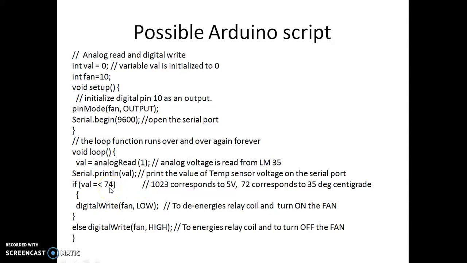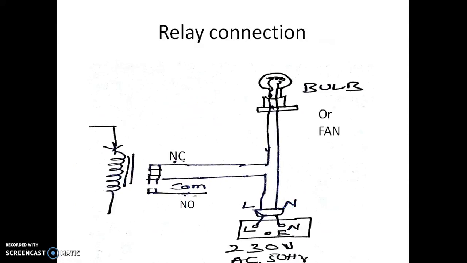Whenever this condition is true, when the temperature is less than 35 degrees, you are putting a low on the coil. When the coil is low, we know it will not be energized, and the fan will keep running. As you saw in the previous case, when there is no current flowing through this, it is on.